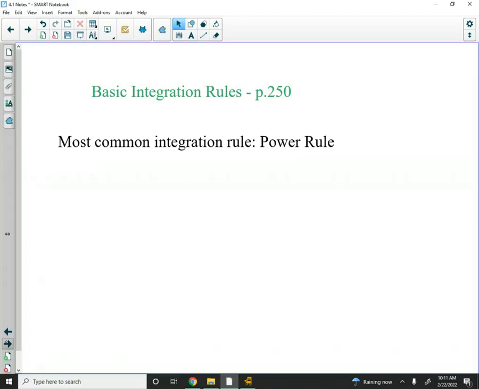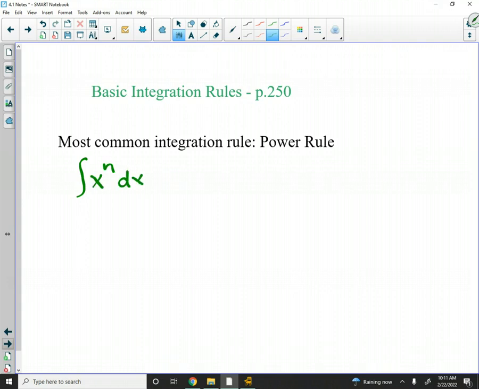So I'm going to write out how the power rule works for integration. We will have our little squiggle, x to the nth dx. If we are asked to antiderive x to the 5th, there is a rule that we can follow. It looks like this.